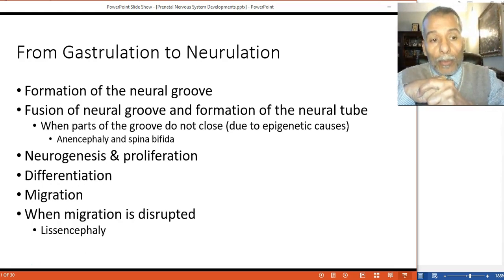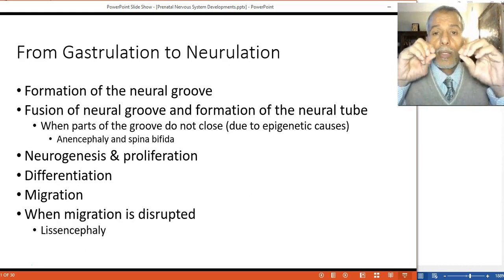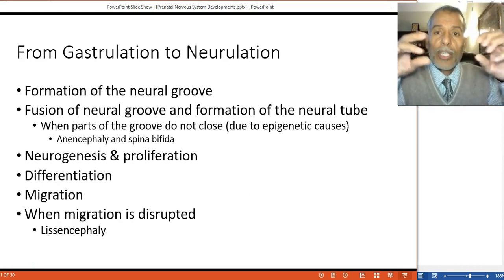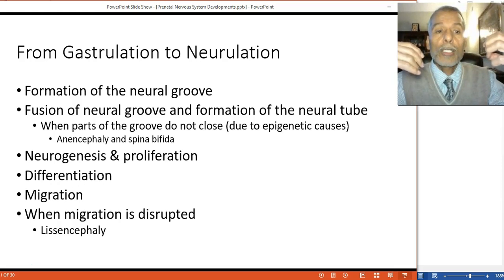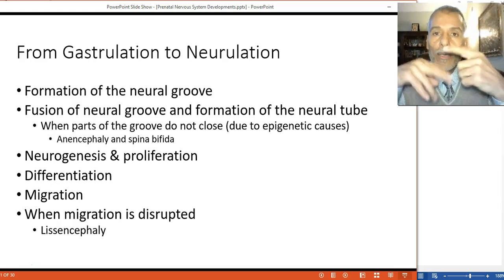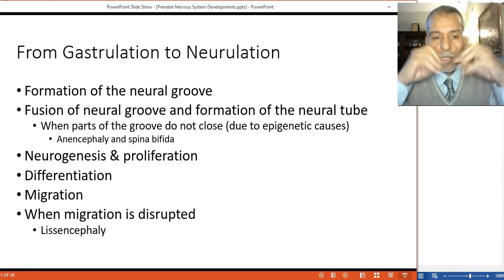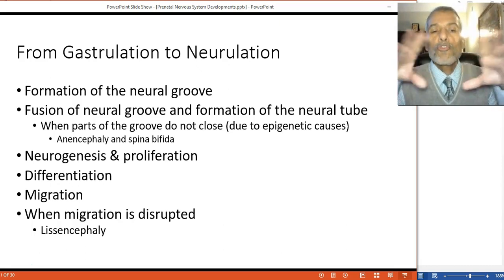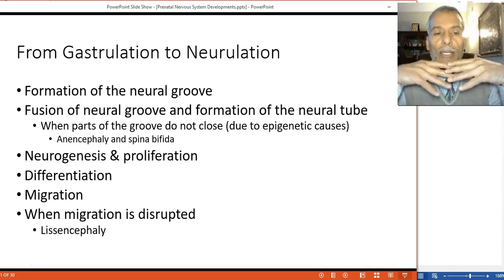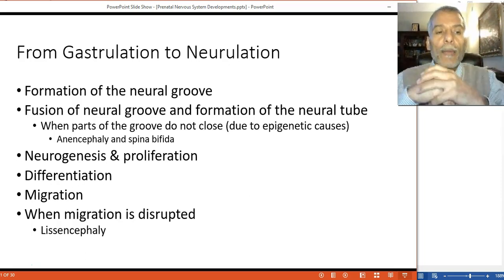The process of cell division that gives rise to new neurons is called neurogenesis. As the neurons are born in huge numbers, they spread, they start to proliferate.